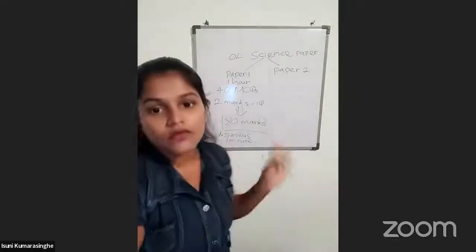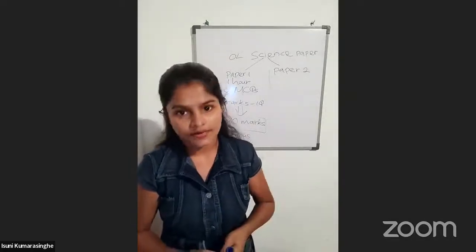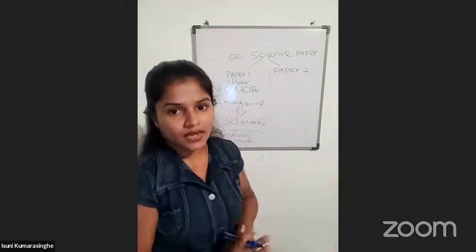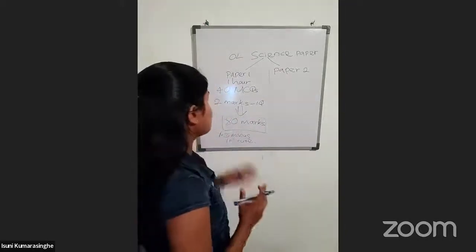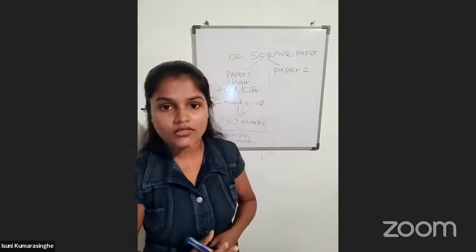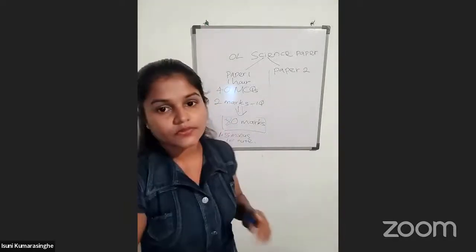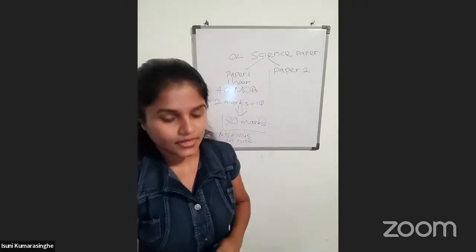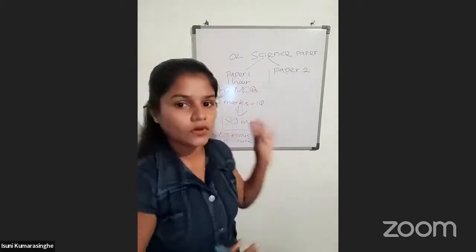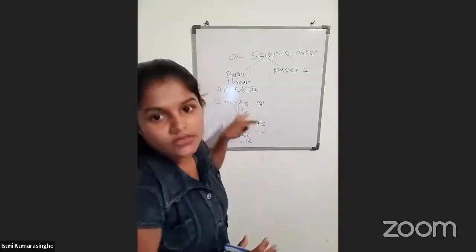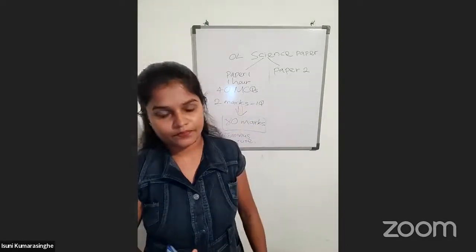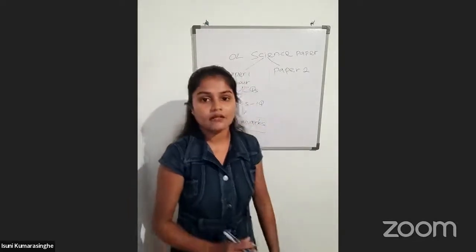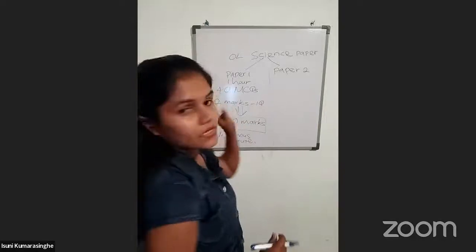So when you write paper 1, be careful and always try to write correct answers, because it will help you get 1 mark for each question. You can get direct marks by writing correct answers for this paper. Understood? I think you all have an idea about paper 1 now.